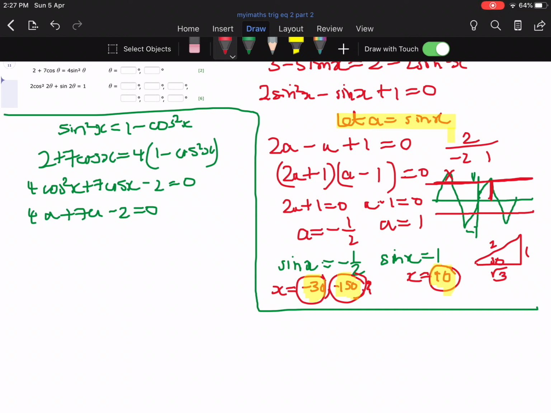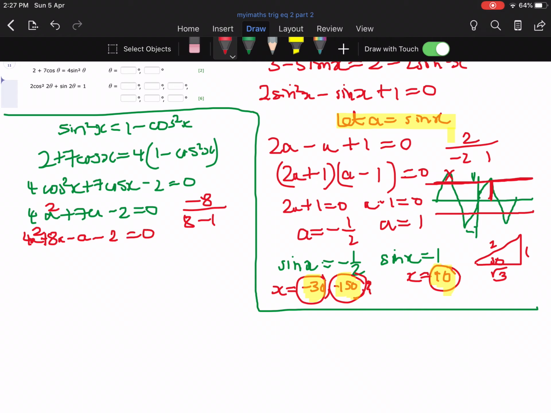So multiply the first and last term, that gives me negative 8. What multiplies to make negative 8 but adds to make plus 7? Well, that would be 8 and negative 1. So that gives me 4a squared plus 8a minus 1a minus 2 equals 0.